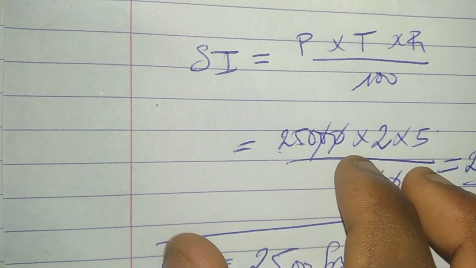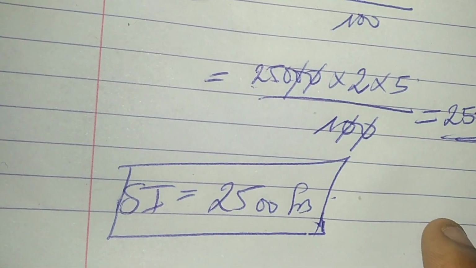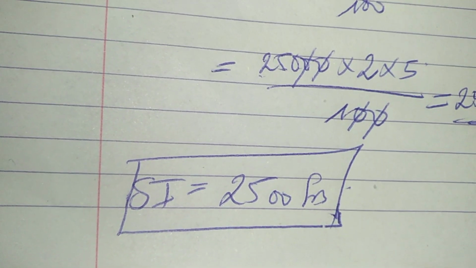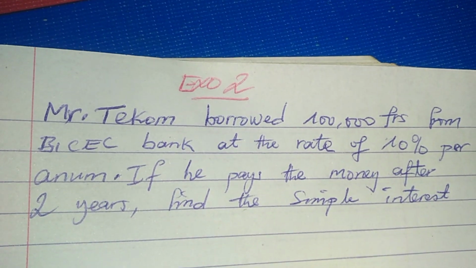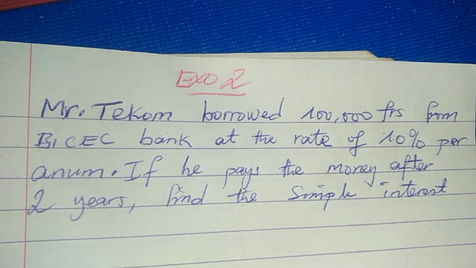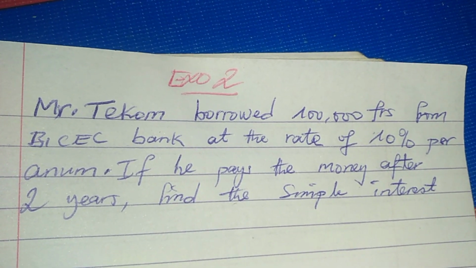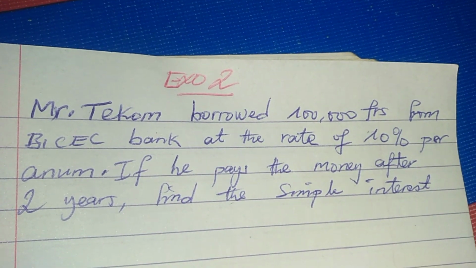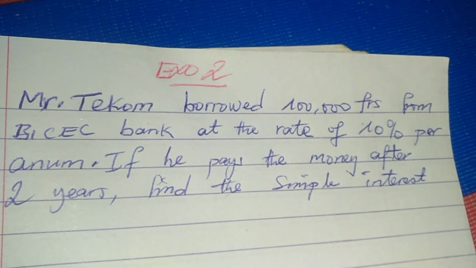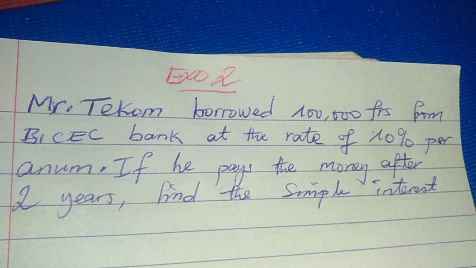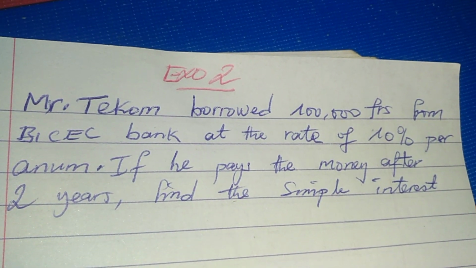Now we are going to equally look at the second question on the same topic, simple interest. Ladies and gentlemen, we are going to continue with question number 2, exo 2 on simple interest. I read the question.